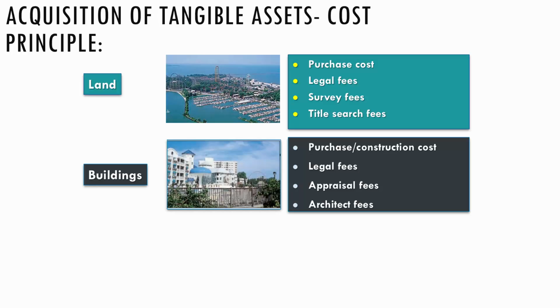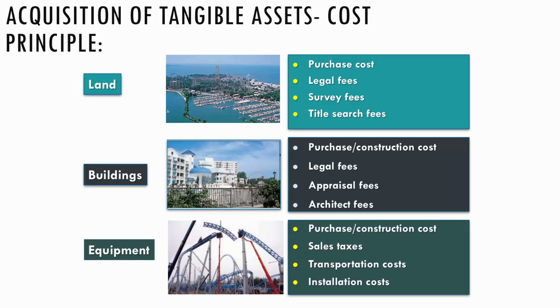All that is capitalized because you have to have these things done to use the building in the end so that you can use it. Again, all these things have to be used in your business immediately, or they don't qualify as PP&E.